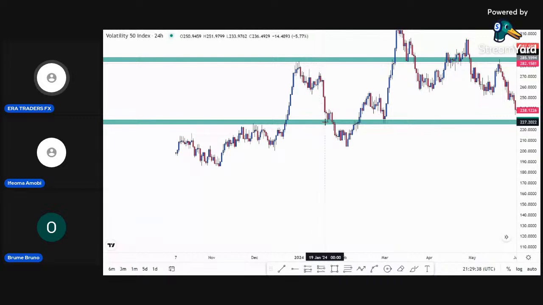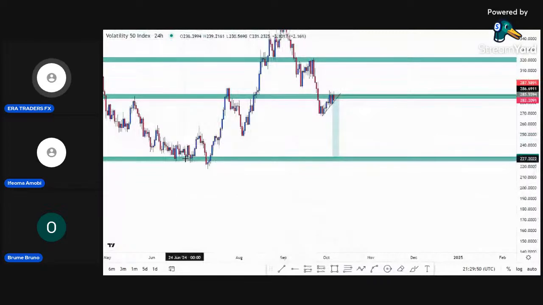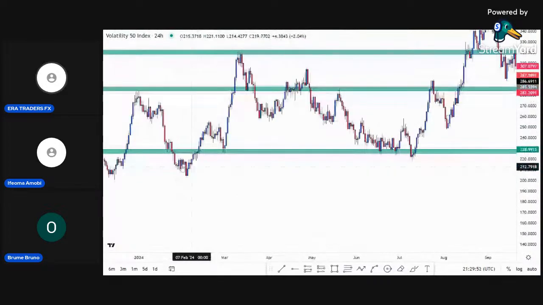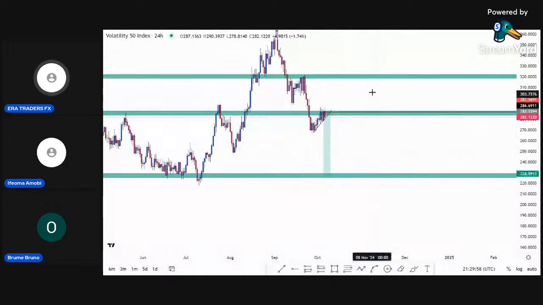When it got to this level again, it reacted but broke it, came back here, reacted again, went up, came here, reacted again. Do you understand? This made me say, okay, this is a strong level that when price one way or the other comes back into, it might react from.